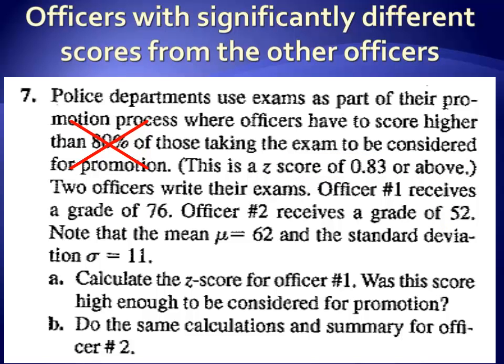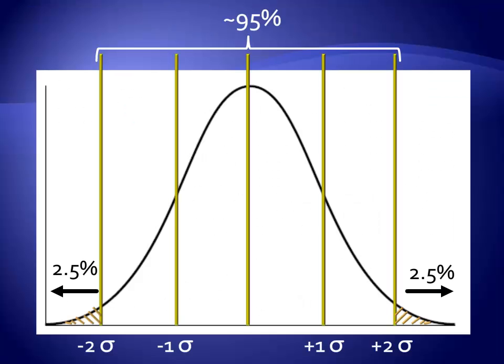Once again, let's say instead of an 80% cutoff, we're interested in evaluating whether or not the officers' scores were significantly different from each other. In order to do this, we would have to change our z-score to reflect the score that corresponds to 95%. The fastest way to do this without using the z-score tables is to apply our knowledge of the normal distribution.